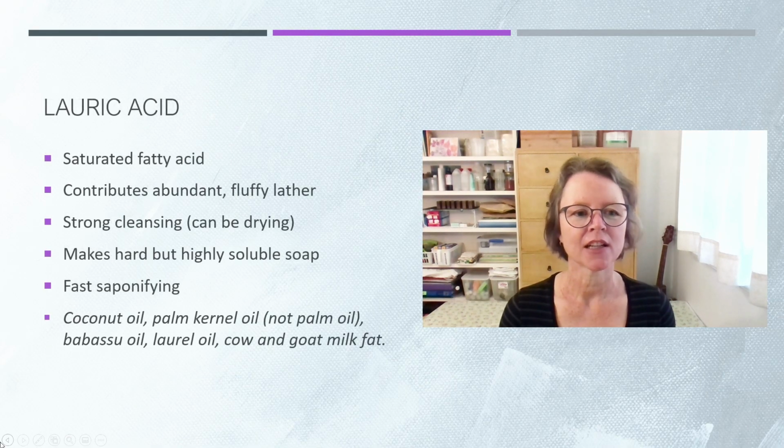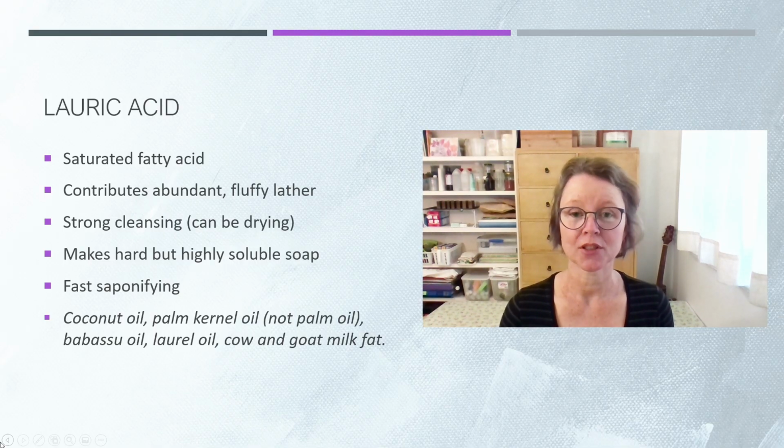The first one, lauric acid, it's a saturated fatty acid, and most saturated fatty acids are the types of solid fats that are hard or solid, they're not liquid, at moderate to cool room temperatures. In hot climates, saturated fatty acids may be liquid or very soft at room temperature, but they're usually the more solid types of fats.